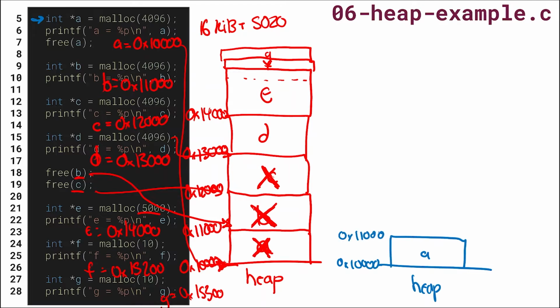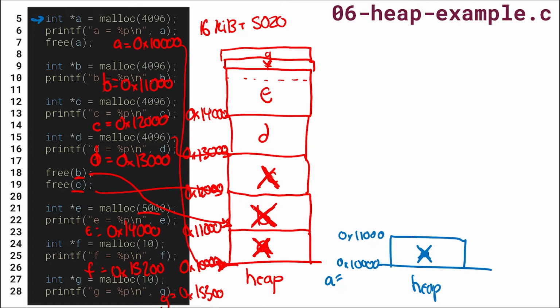A still has the address 10,000. Nothing has changed. So A is equal to 10,000. I then free A. Next line of code, B is equal to malloc of 4,096.